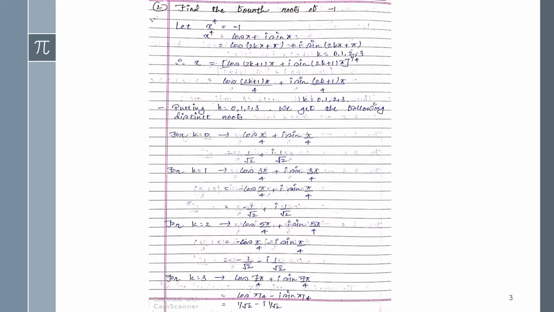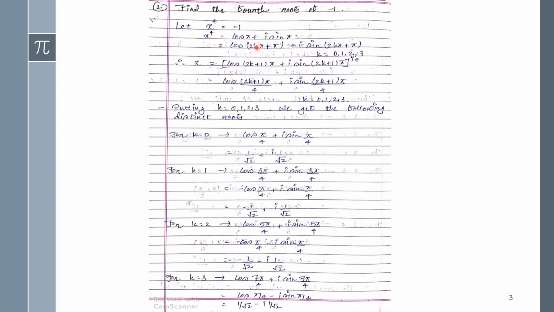In the first example it was find the fifth roots of unity, and unity means we have considered it as 1, like x to the 5 equals 1. Now here it's given find the fourth roots of -1. So the fourth root means x raised to 4, and in place of unity here it's written -1. So x raised to 4 equals -1.